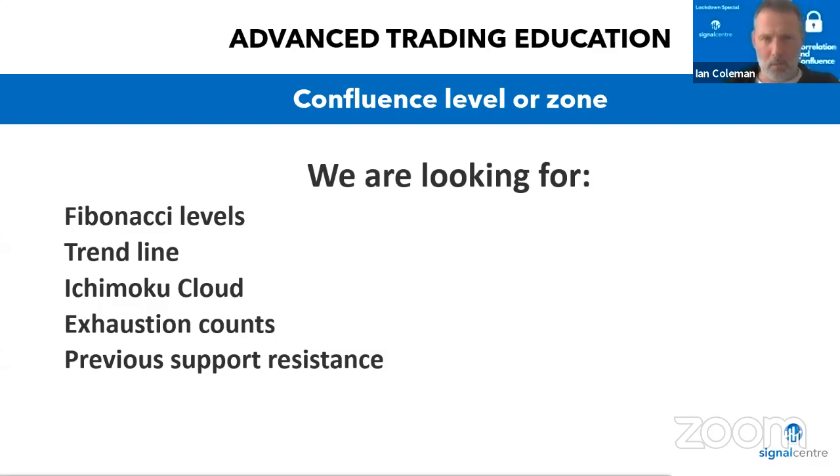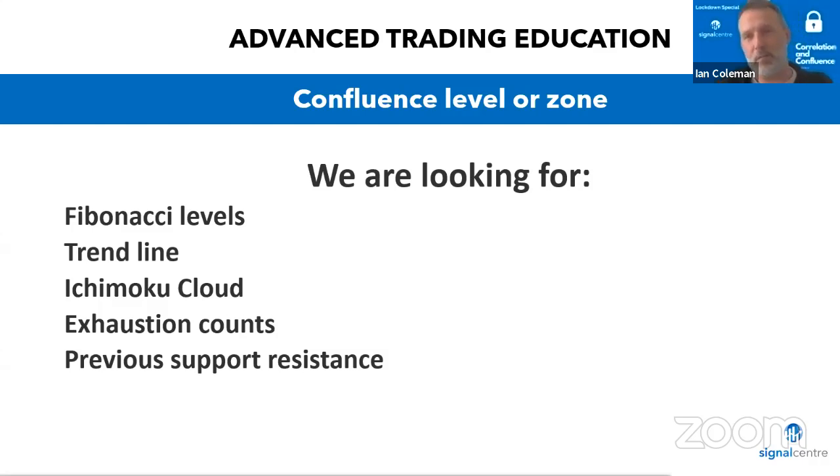So what we're trying to do is find an area, sometimes it's quite a specific price as well, where certain things line up. Now, I don't know if any of you guys watched the webinar on cypher patterns last week. One of the reasons why I do like cypher patterns, the bat, the butterfly, etc., is because you get confluence areas.